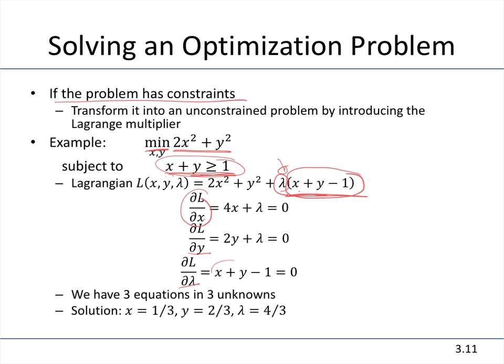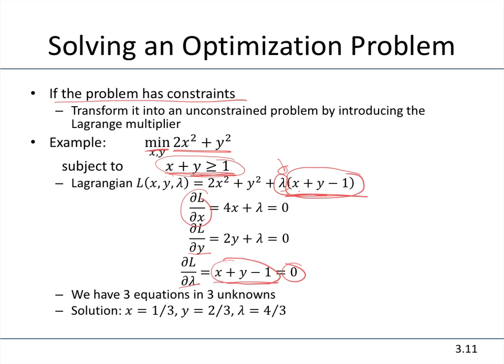When you take the derivative with respect to lambda, you always end up with the constraint, and we will try to get the solution that achieves x plus y equals 1 exactly, because this is when this derivative equals 0. And that's what we want to do.